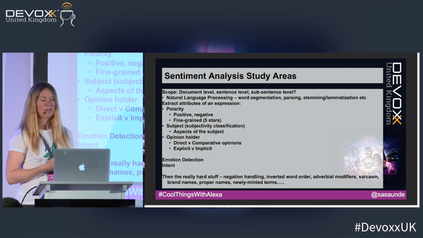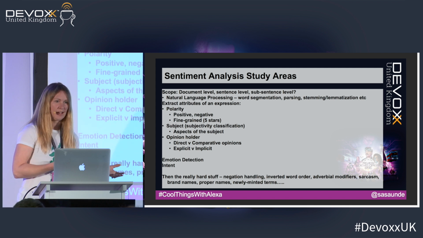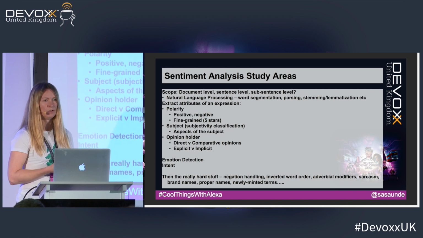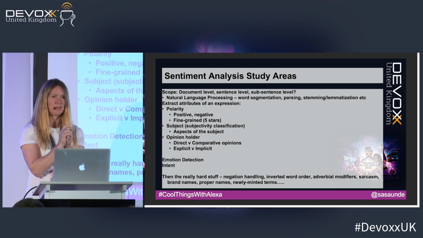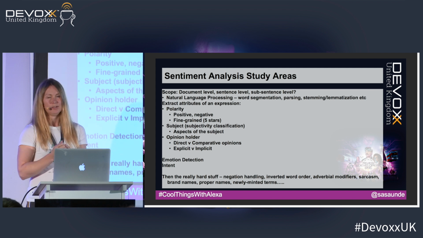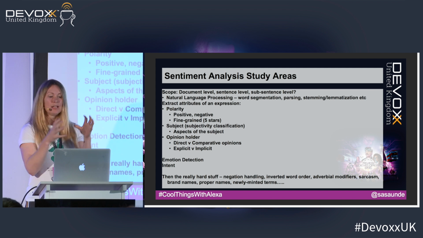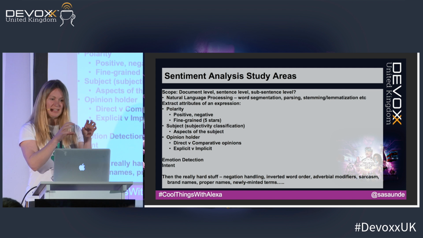If you imagine when you're talking, you might say, I didn't like that ice cream. Or you might say, well, the ice cream was really cold. So the way that you're talking about things, you might be objective, and you say, oh, he had an ice cream, and the ice creams are really cold. Which bit of that is relevant to the sentiment analysis?